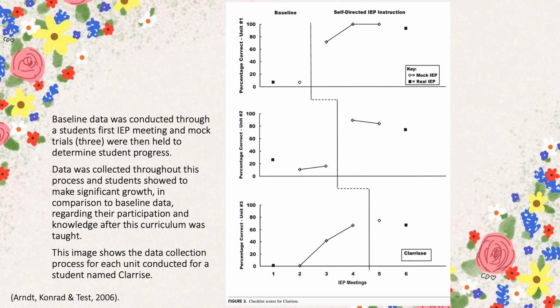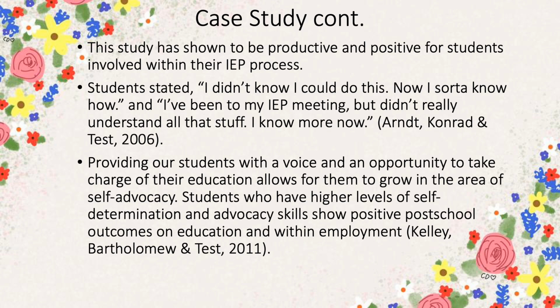And then after that, they would hold the real IEP covering that specific unit. As you can see, these students made significant growth from their baseline data to the end. Data was collected throughout and the participation was higher. So this study was shown to be really productive and positive for students involved within the IEP process.